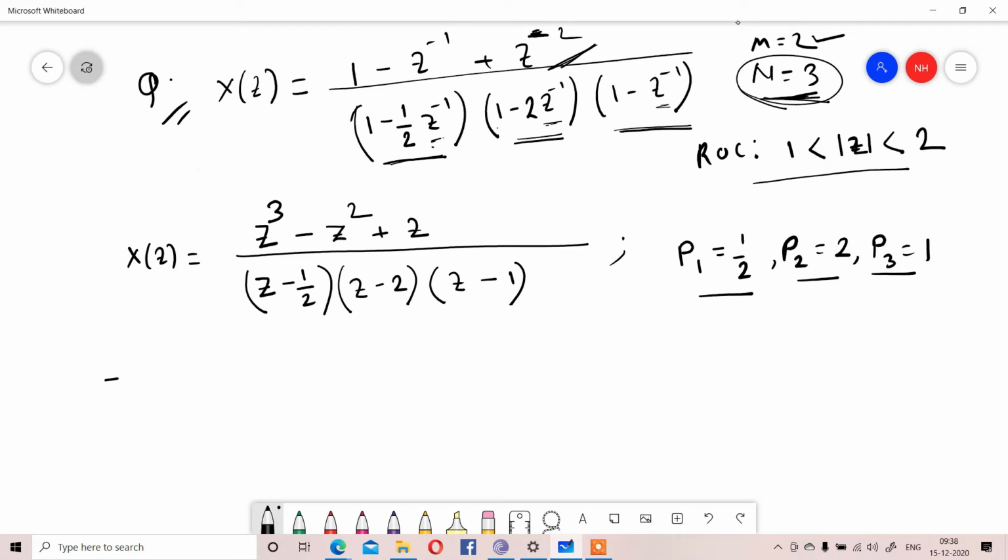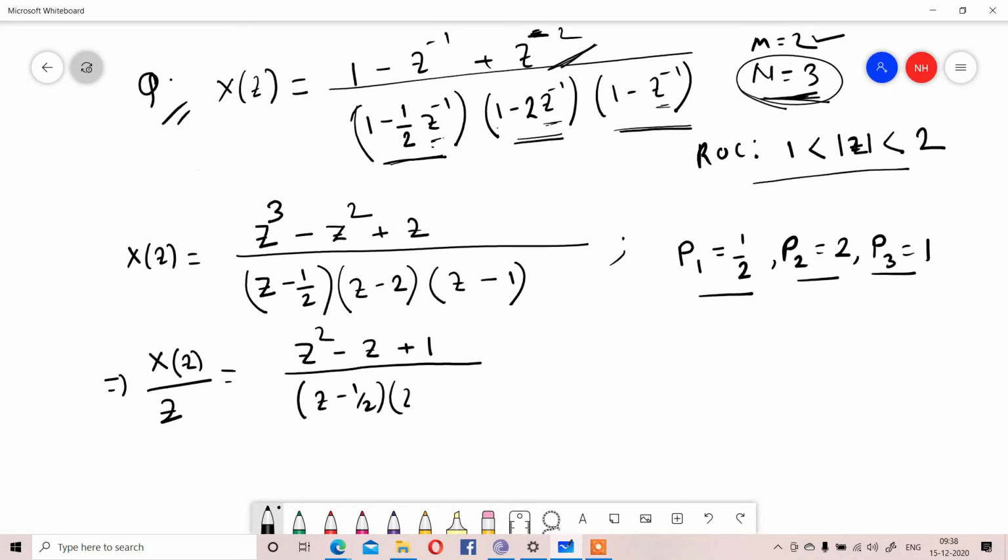So from here, next you need to write it down in the format Xz by z. So you are making z common from the denominator. So the value will be z square minus z plus 1, over z minus half, z minus 2, z minus 1. So that is your Xz by z.